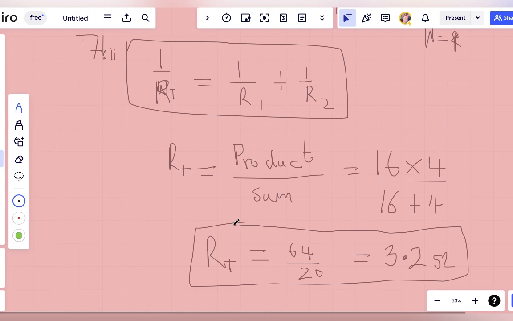Because of the overall resistance they offer. If it was in series, the resistance would have been 16 plus 4, 20. But in parallel, they are only offering 3.2 ohms resistance. Is that okay? So that's that for them.